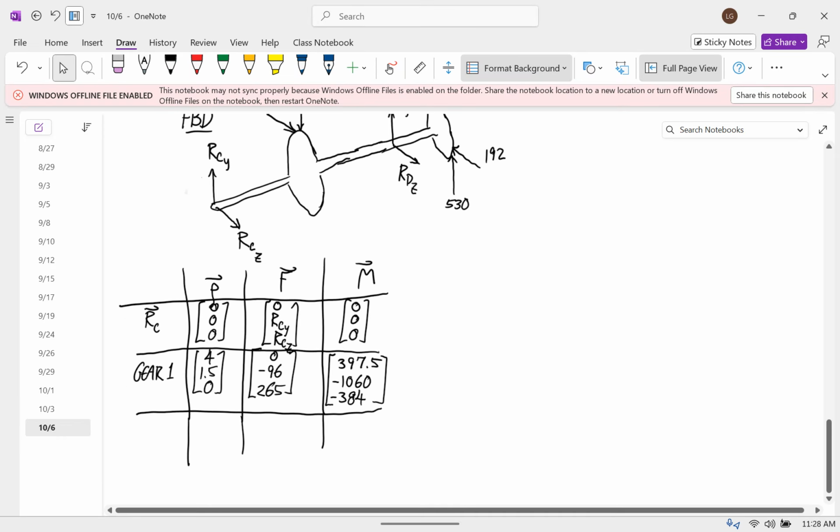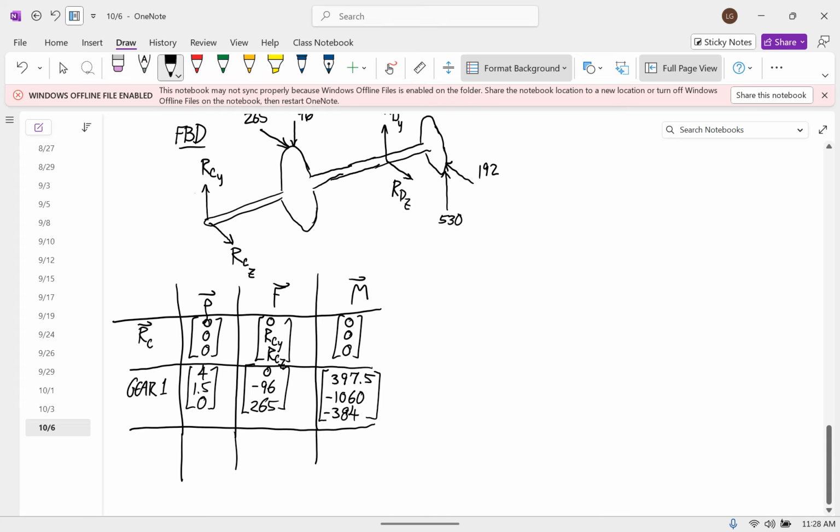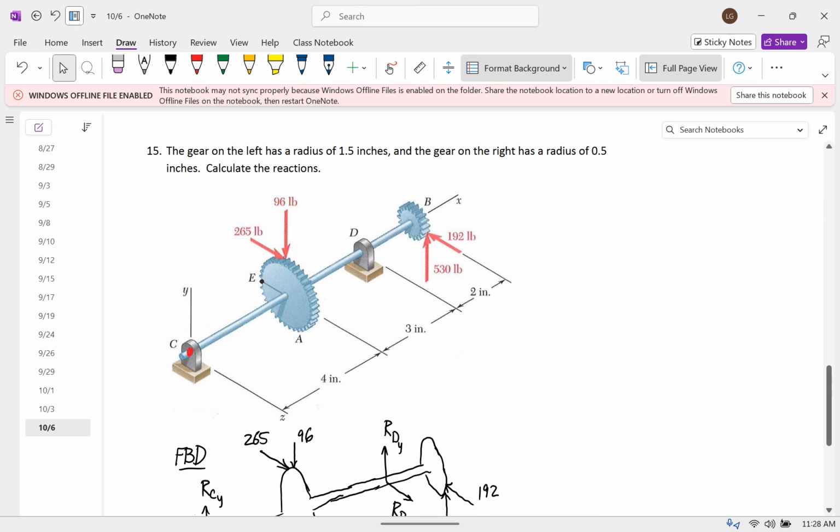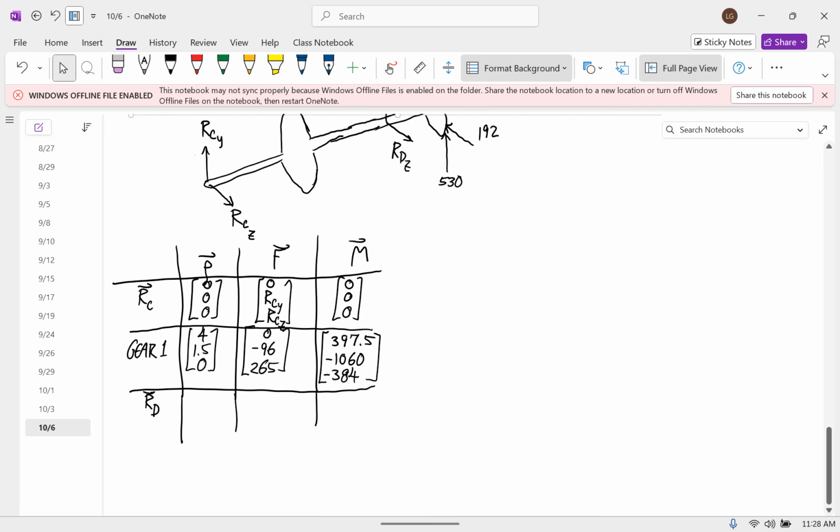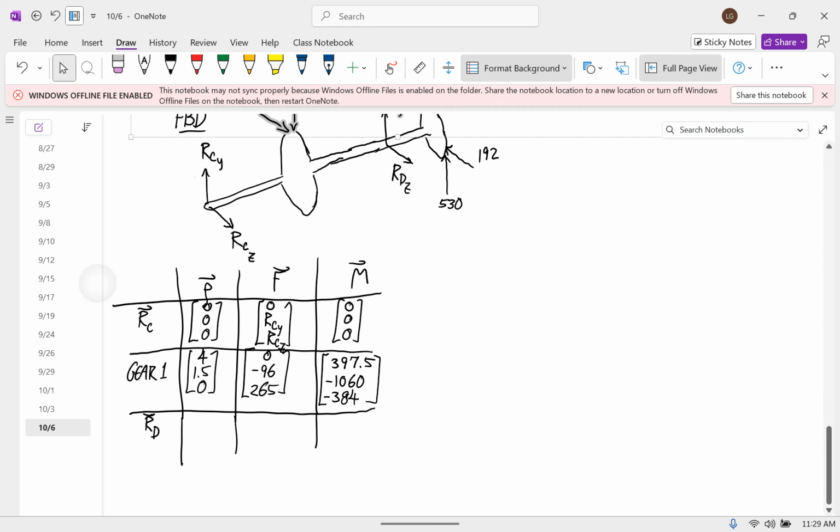And then we'll go to that second hinge joint, so RD. Those forces are acting just at 7 in the positive x. So 7, 0, 0. The force vector is 0, RDY, RDZ.